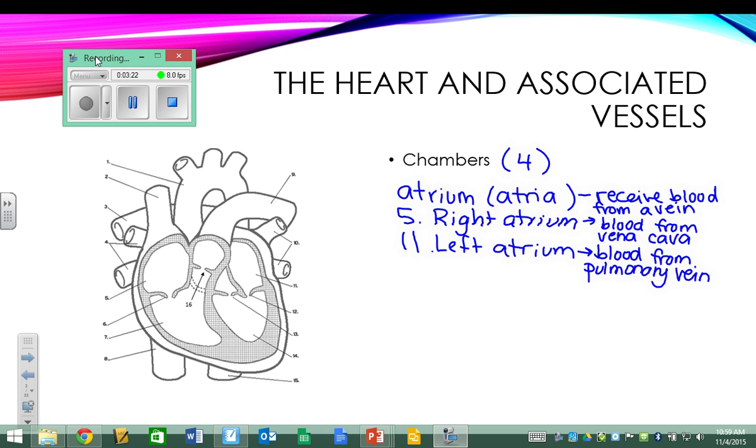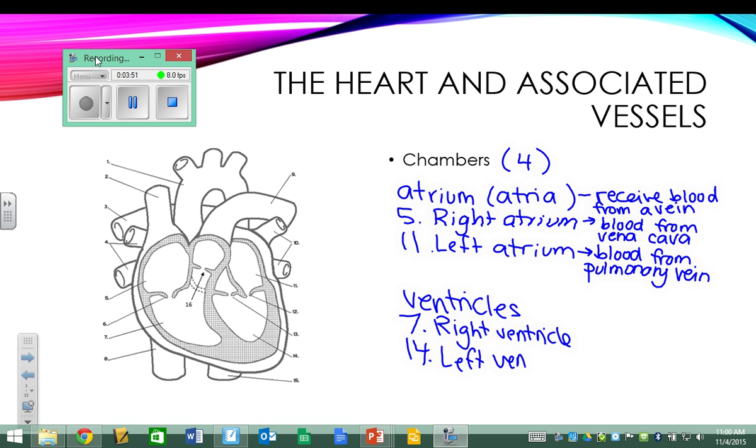Now the other chambers are called ventricles. And just like with the atria, you have 2 of them. You have number 7 and you have number 14. Number 7 on the diagram is your right ventricle, and number 14 is your left ventricle.